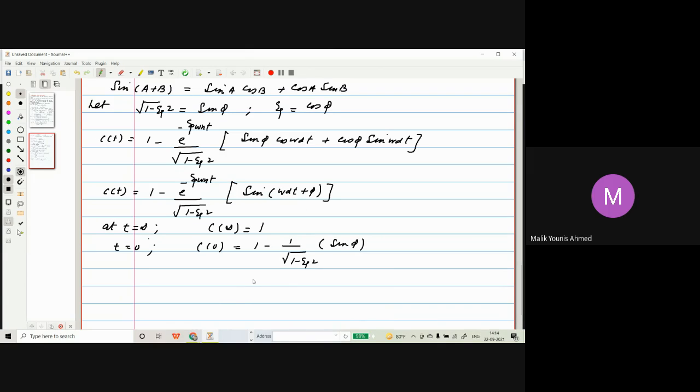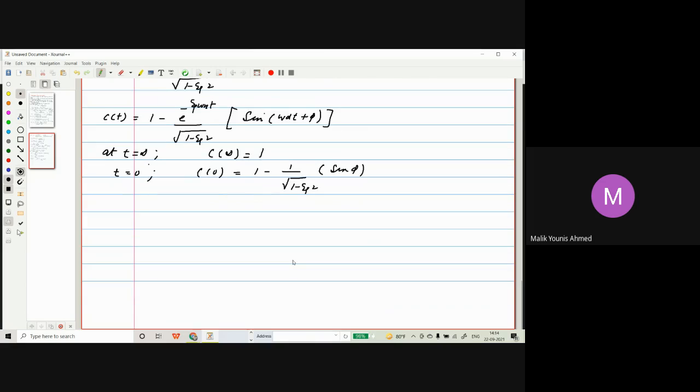Now we will draw a damping ratio triangle, as we call it. Let me draw that.